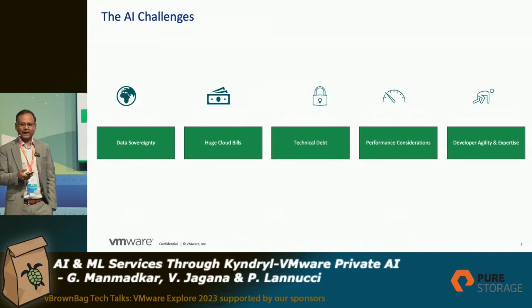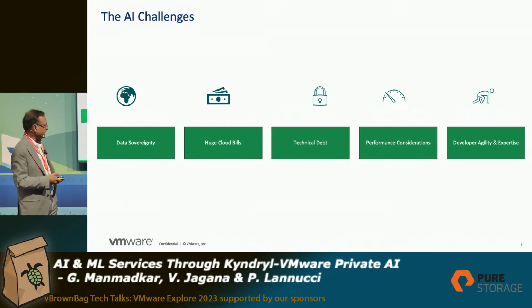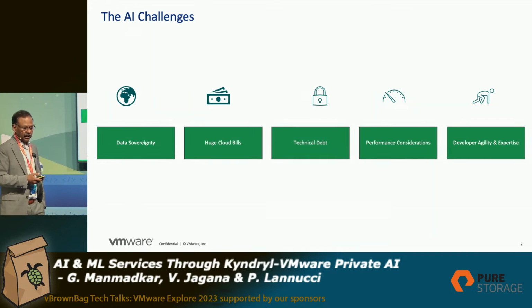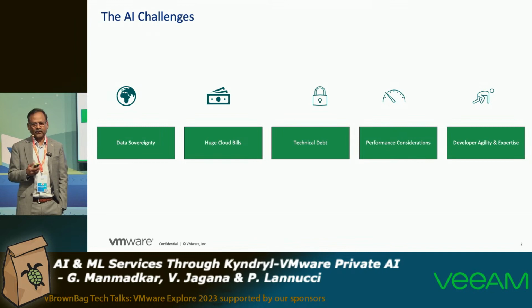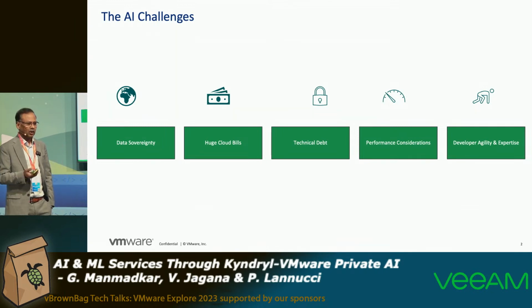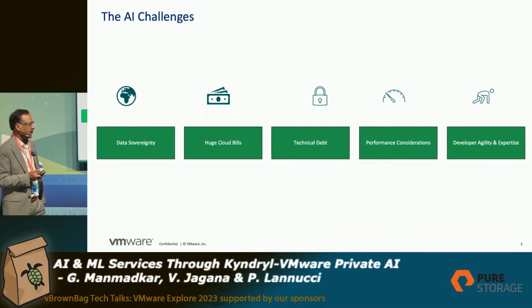So what are the key challenges that really need to be addressed? The first is data sovereignty, specifically addressing data privacy, data locality, and data access. There needs to be some kind of guardrails that we put around that, which needs to be addressed.